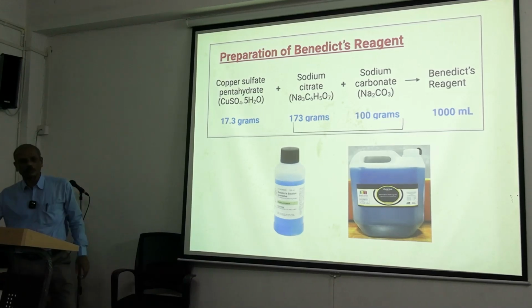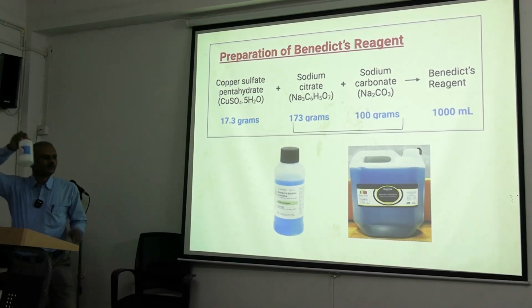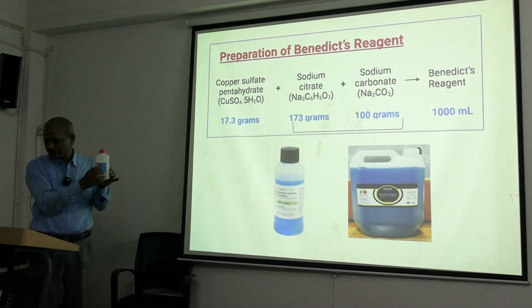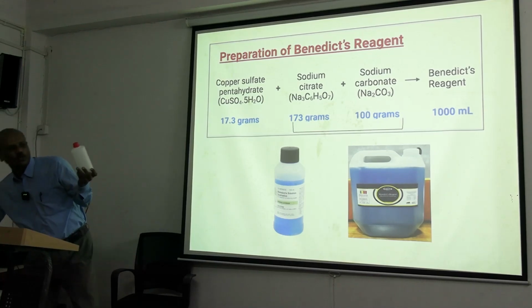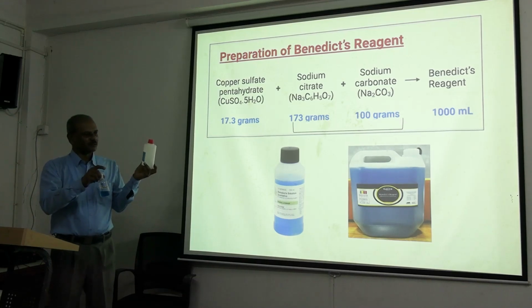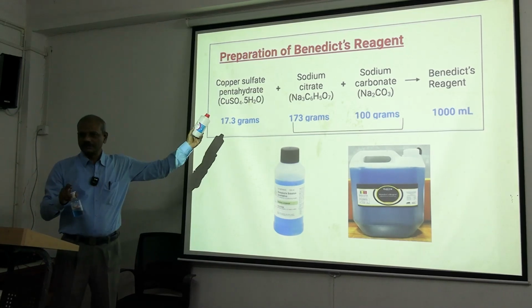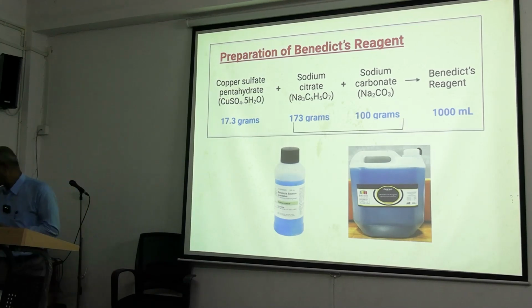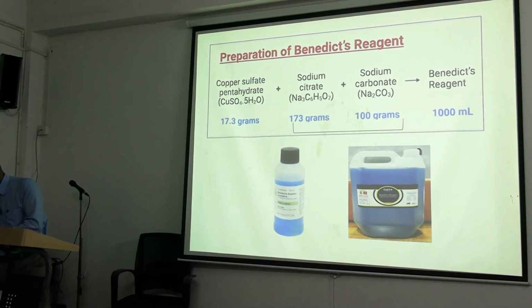This comes as a spot, this bottle. It will be given, and maybe Benedict reagent will be written on it, or this blue color will be there. What is the reagent? Benedict reagent. Write down the composition. These three names are to be written. That is the reason why I have shown it.